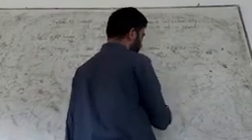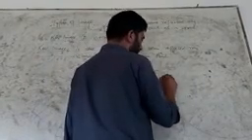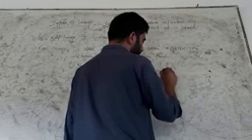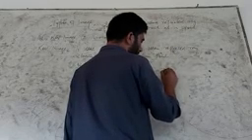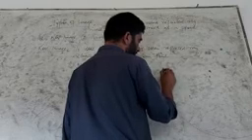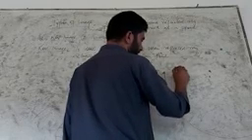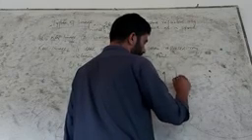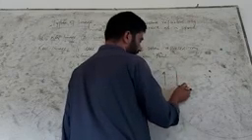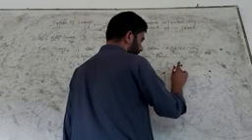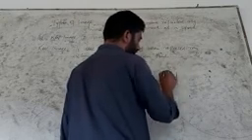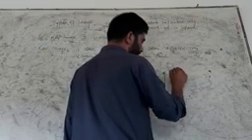For example, we have here an object in this form. This is its tail and this is its head. Its real image will become like this: head is downwards and tail is on the upper side.